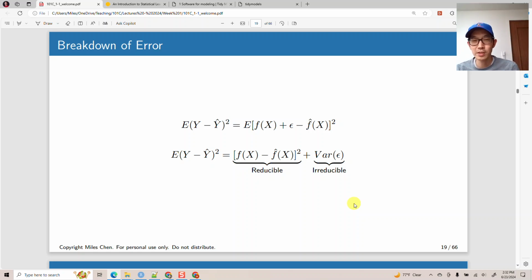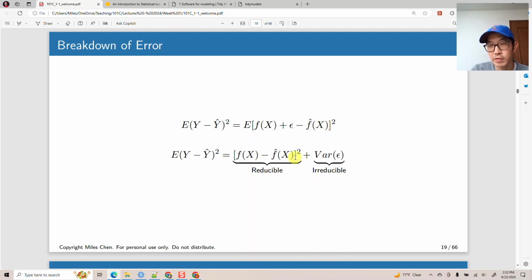So this is summarized in our bias-variance trade-off. We ask, what's the difference between y and y hat, the expected value of that difference? We can break this apart: y is going to be f of x plus epsilon, and y hat is going to be f hat of x.